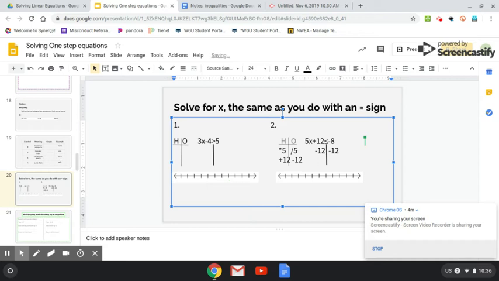I'm left with 5x, and it is going to be less than or equal to negative 8 minus 12, which is negative 20. Make sure you're using your handy dandy calculator. Now I subtracted 12 on both sides. Now I need to go ahead and divide both sides by 5.